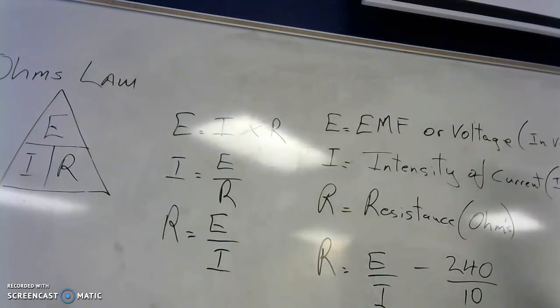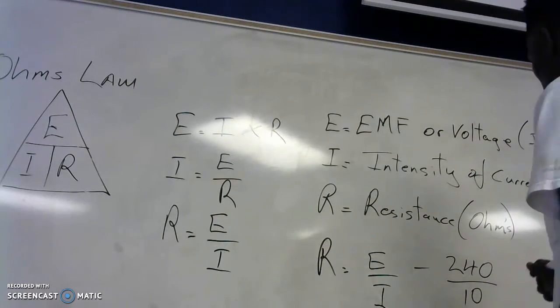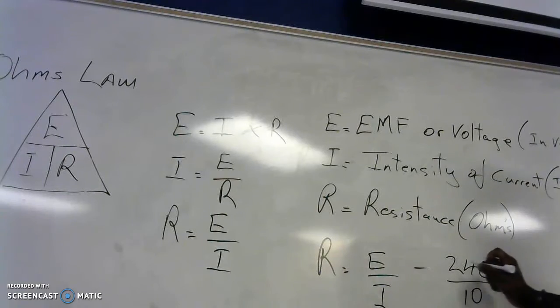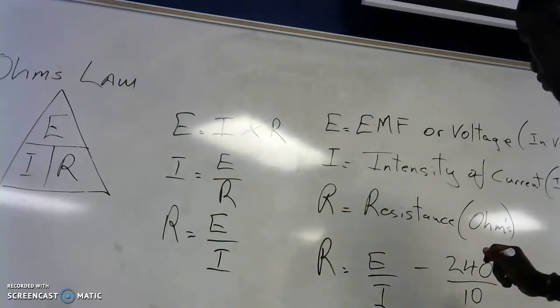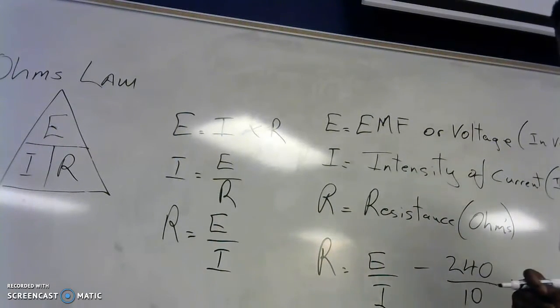We're trying to find the resistance, the size resistor that we need to push 10 amps through. So we have 240 volts pushing 10 amps. 240 divided by 10 would give you 24 ohms.